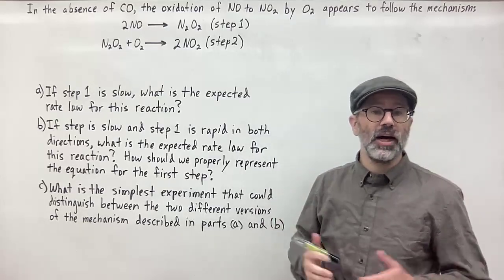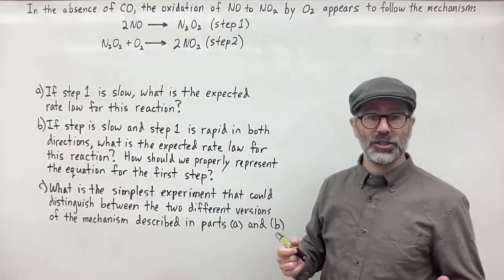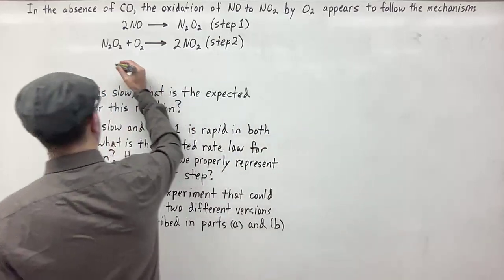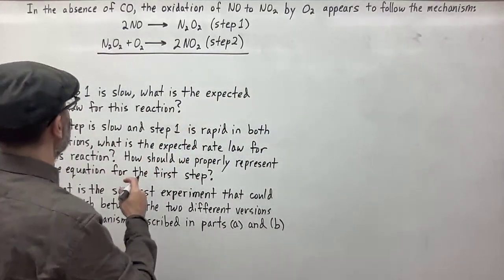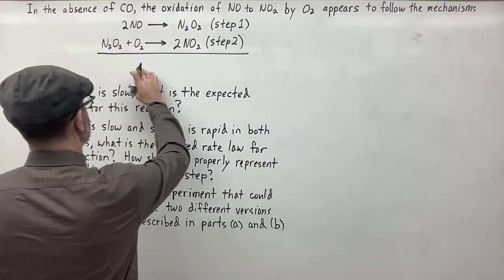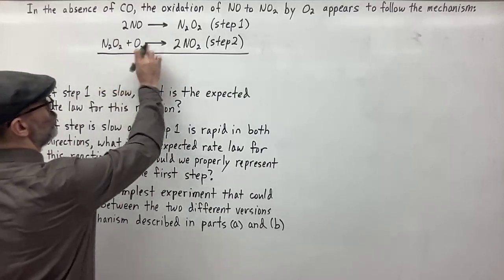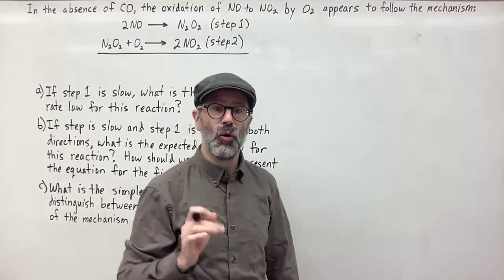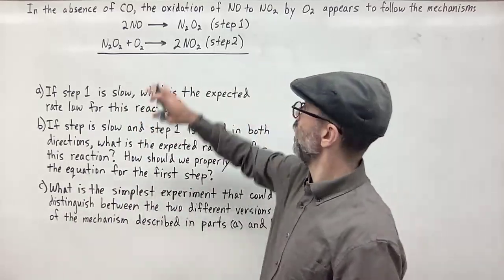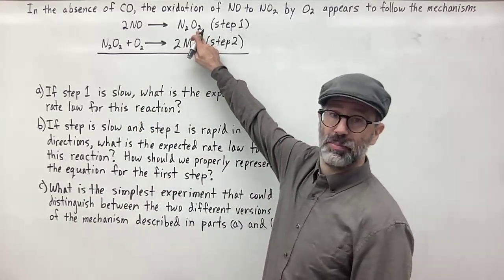First, we should determine what the overall reaction is. So when we do that, we can add these two together and we get, since N2O2 is an intermediate between the first and second step, we're going to cancel those out. So here we have N2O2 as a product.